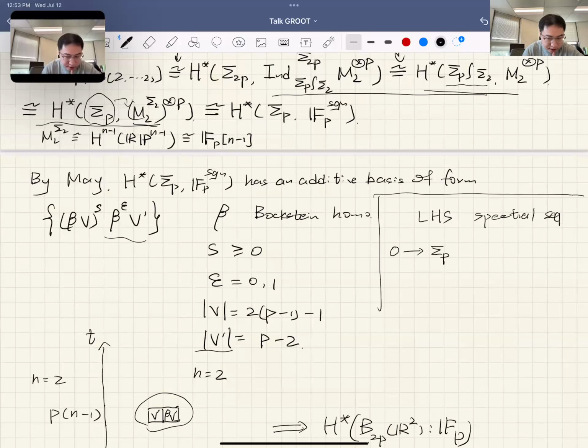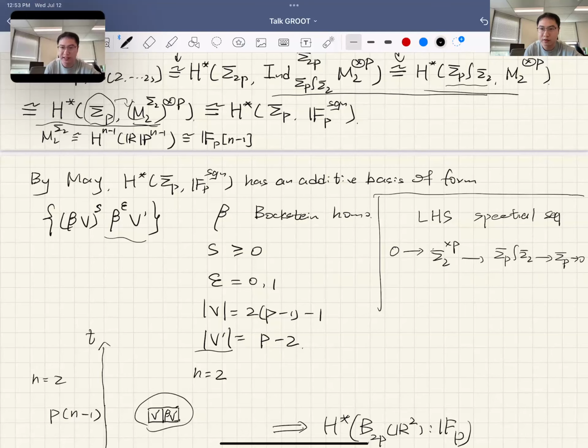So I have sigma p, then sigma 2 in the middle, and I have sigma 2 times p here, and the last one corresponds to sigma p to 0.